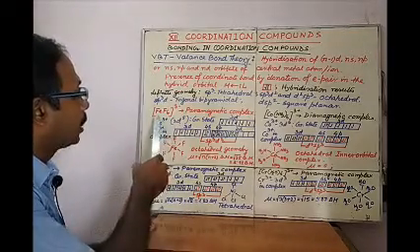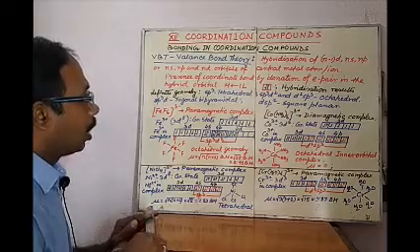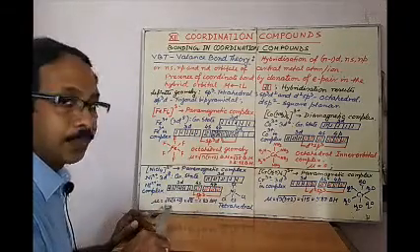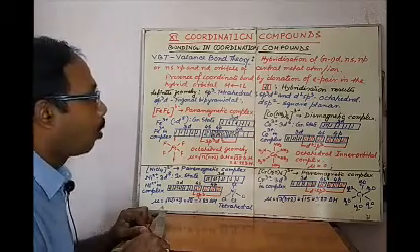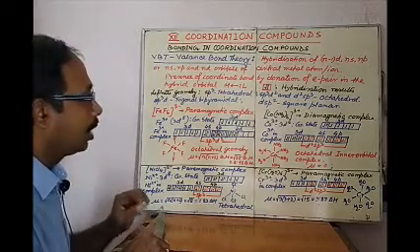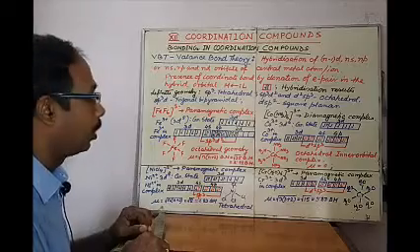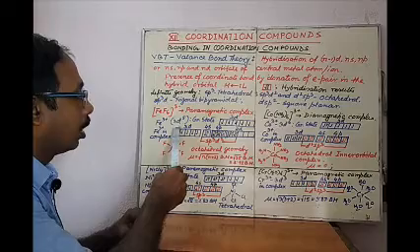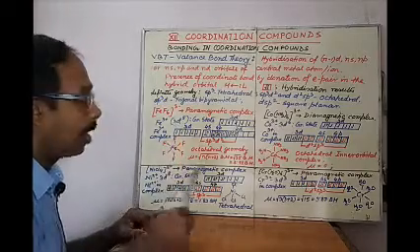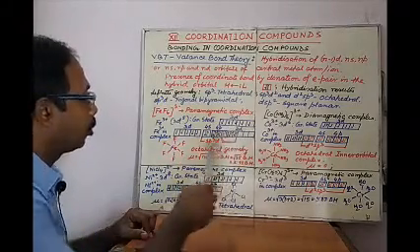Now this complex [Fe(F)6]3- is a paramagnetic complex, which means we can predict the geometry of these complexes by getting some help from the magnetic property. Fe3+ has ground state configuration 3d5, so there are 5 unpaired electrons.